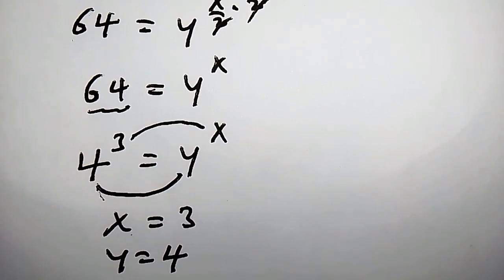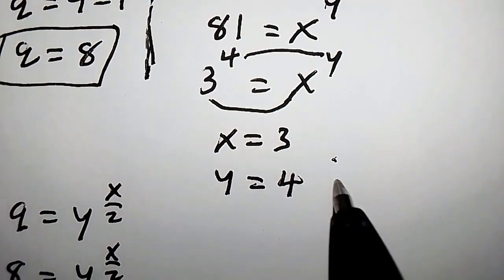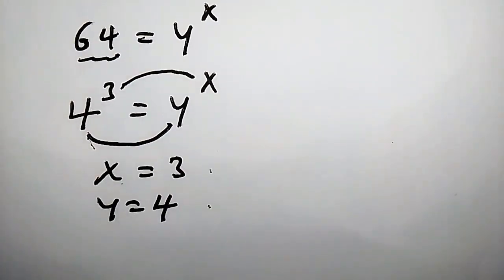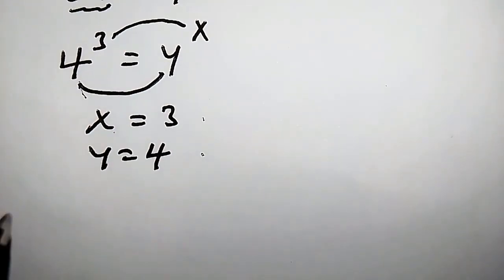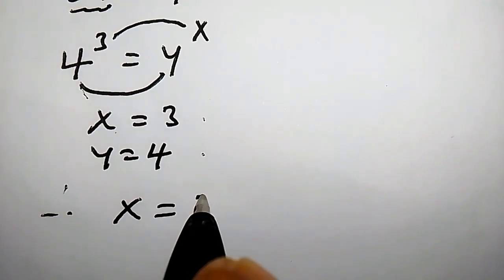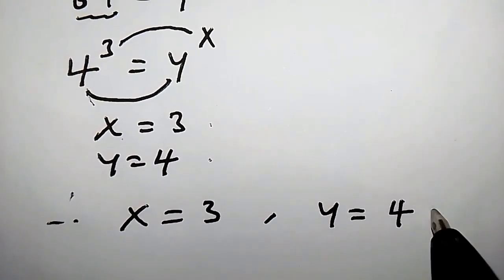You will notice that these are the two values we also obtained when we considered p. x equals 3, y equals 4. The same thing occurred here. x equals 3 and y equals 4. That means, therefore, the value of x is equal to 3 and the value of y is equal to 4.